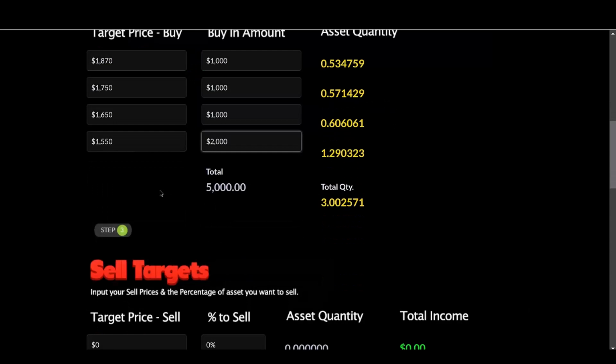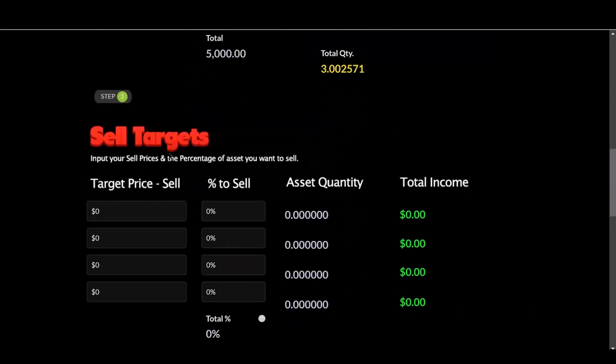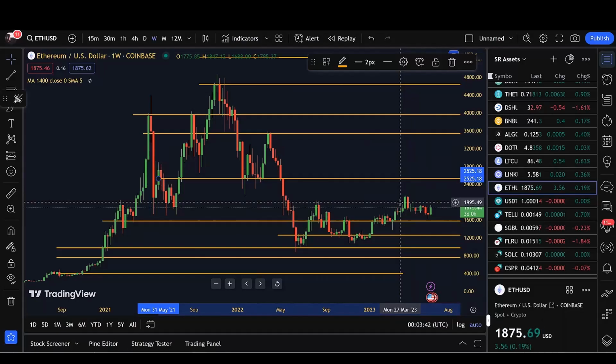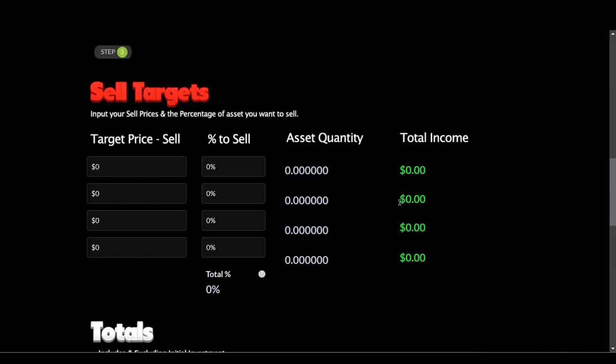Now let's look at some sell targets, again based on where we are in the market right now. Our first sell target will be 2,500. You don't have to be exact when that sell target is reached. If it's 2,590 and you want to sell there, that's where you sell.